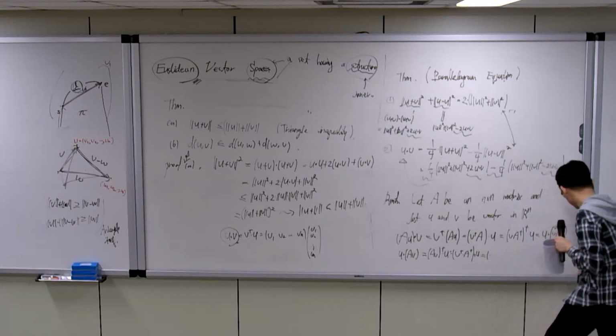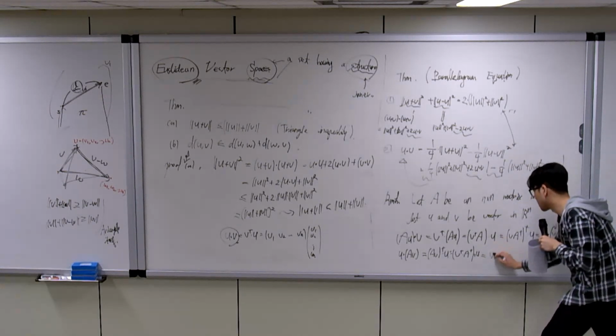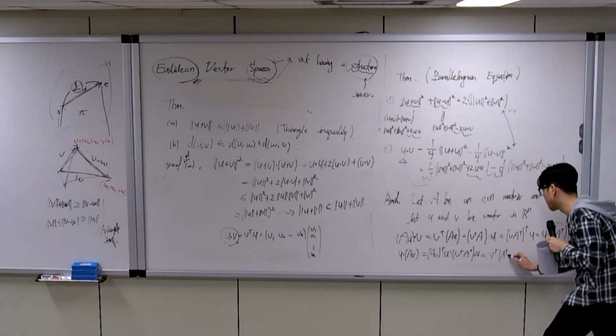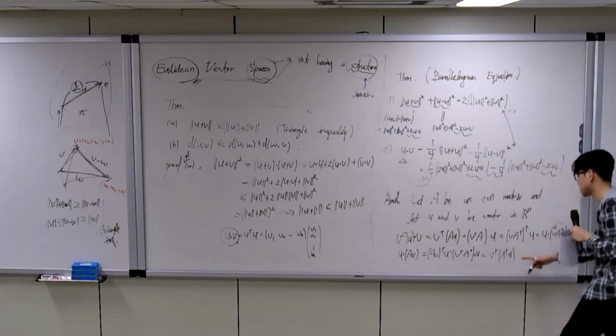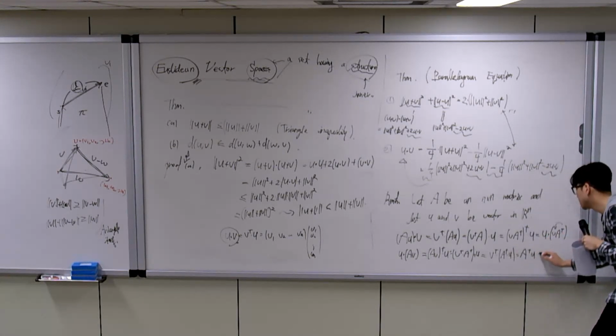By using the associative rule, you get v transpose times A transpose times u, and it is the same as A transpose u inner product v.